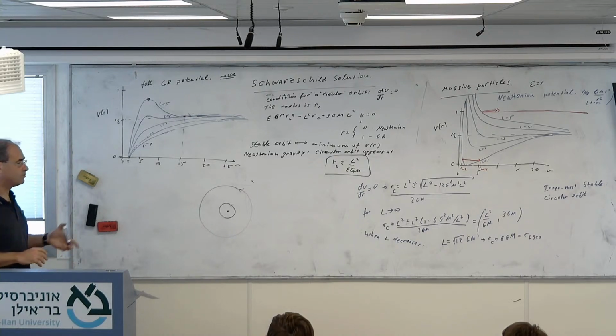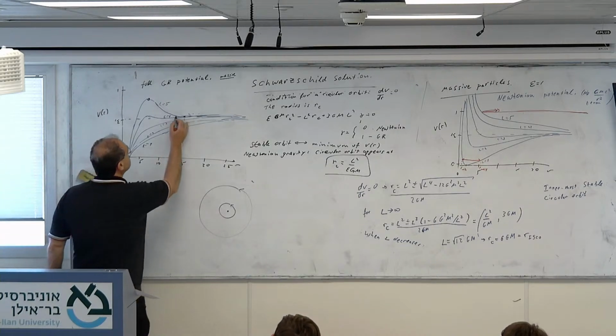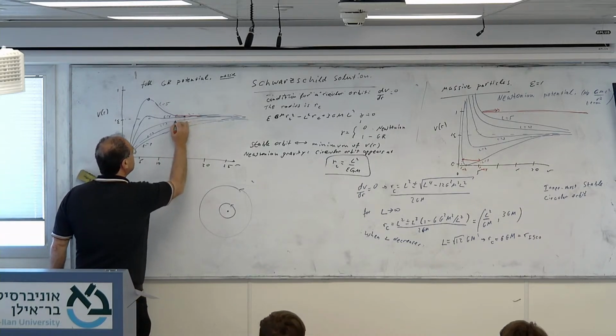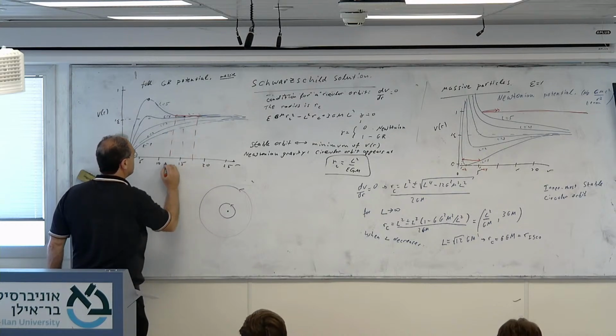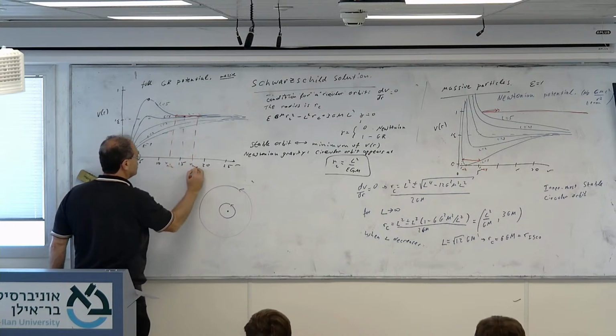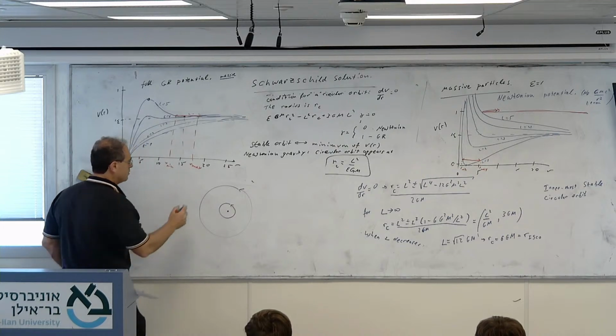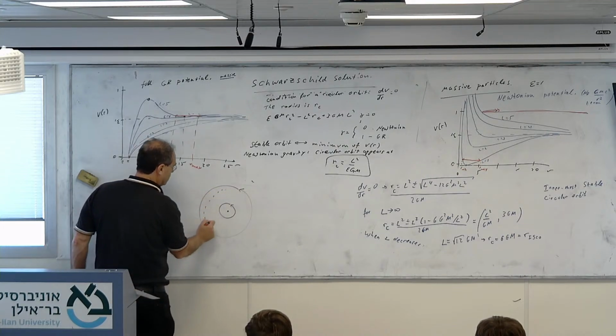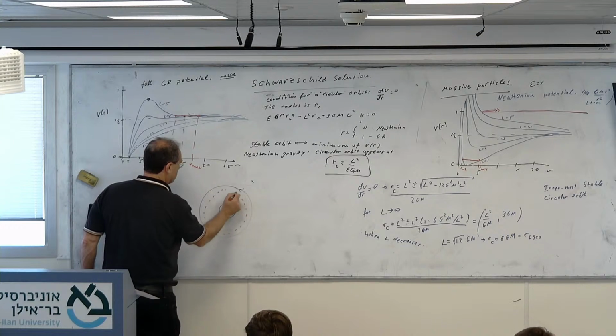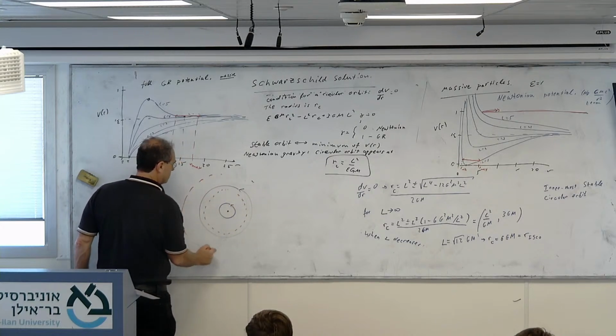Again, similar to what we had in Newtonian gravity, we have bound orbits.